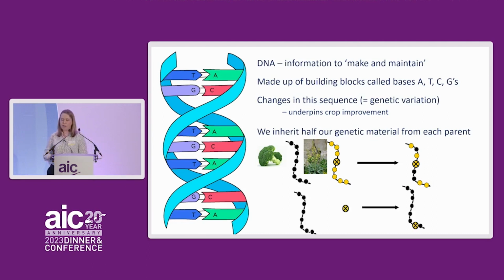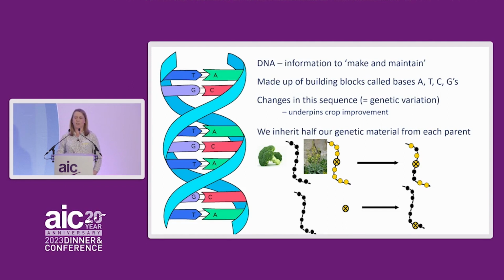Now, GM technology, which was developed in the 1980s, allowed us to clone just the gene that we want and introduce it into our elite lines. So you can see that that very much speeds up the breeding process. As I mentioned beforehand, those A's, T's and C's are universal, and because we're no longer needing to sexually cross plants together to introduce these new genetic traits, it means we can now take genes from unrelated species.